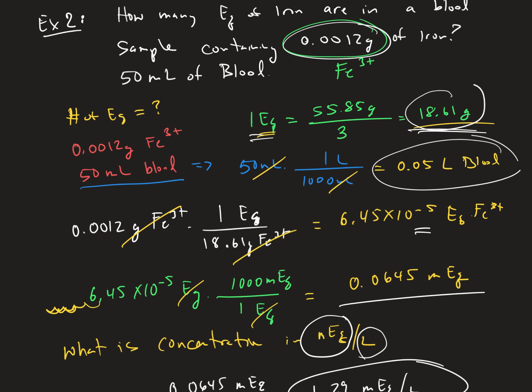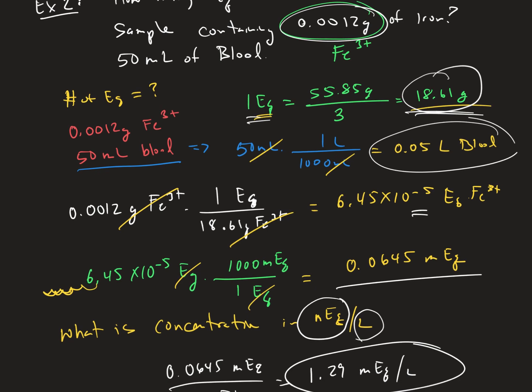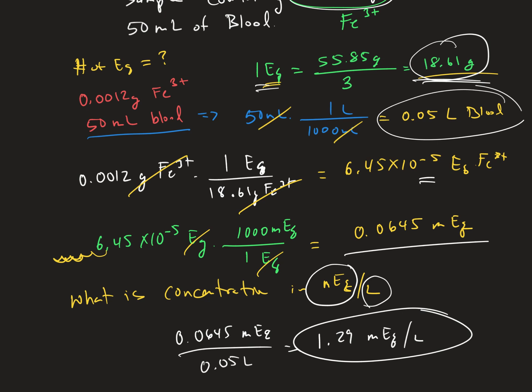So this right here, grams per one equivalent. But again, what do we use that for? It's a conversion factor. So then we just added more to it. How many equivalents in 0.0012 grams? The original question is how many equivalents.